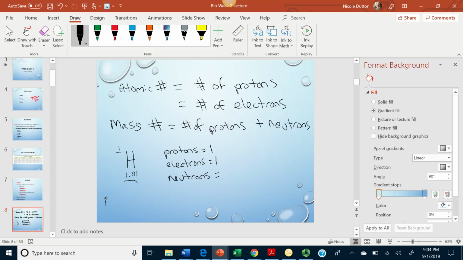So 1 is equal to, and again we're rounding this, 1.01 is rounded to 1, so we have 1 is equal to the number of protons, which we have number 1 for already, plus the number of neutrons, which we don't know. Now this is a very simple math problem. 1 plus nothing equals 1, so we don't have any neutrons in an atom of hydrogen. But let's look at an atom of sodium.